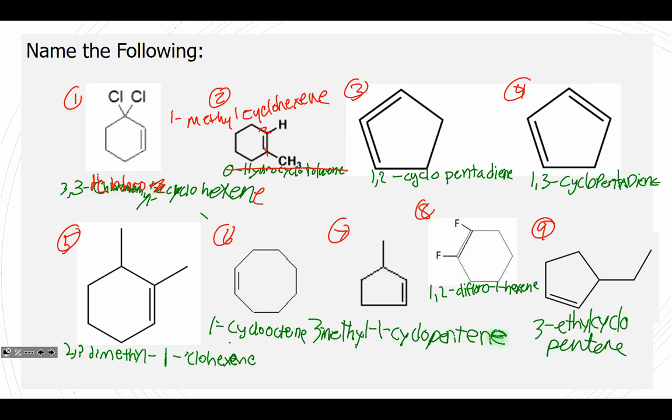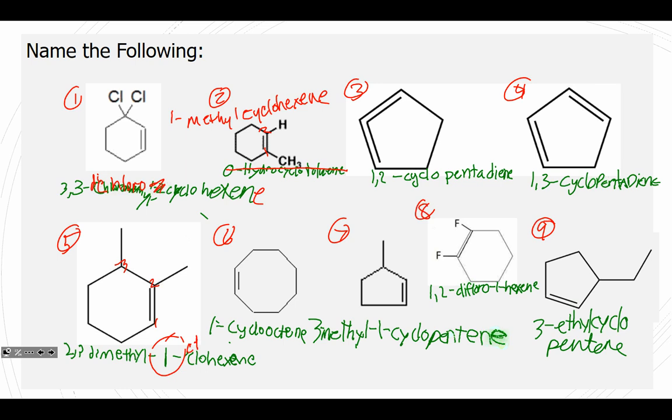On this one, 1,2-cyclopentadiene, great. On this one, 1,3-cyclopentadiene, great. On this one, 1, 2, 3, dimethyl, yes. They don't have to write the 1. You can, but you don't have to.